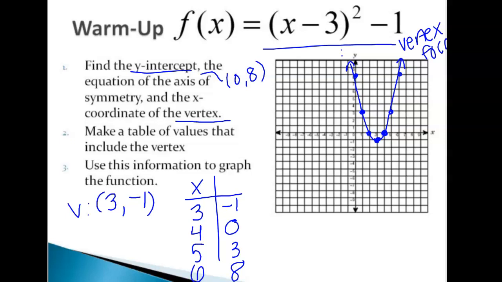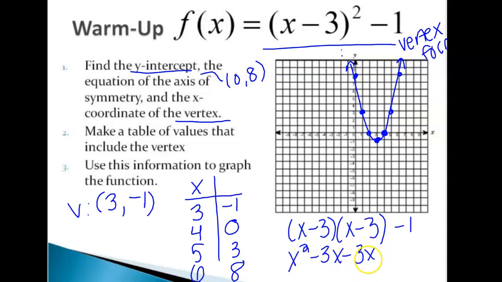Vertex form to standard form is just FOILing and combining like terms. So if I wanted to take it from vertex to standard, I have to FOIL (x minus 3) squared, and I get x squared minus 6x plus 8. So this equation right here is the standard form of the vertex form.